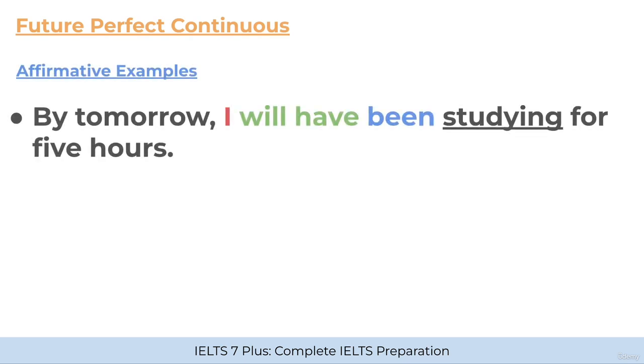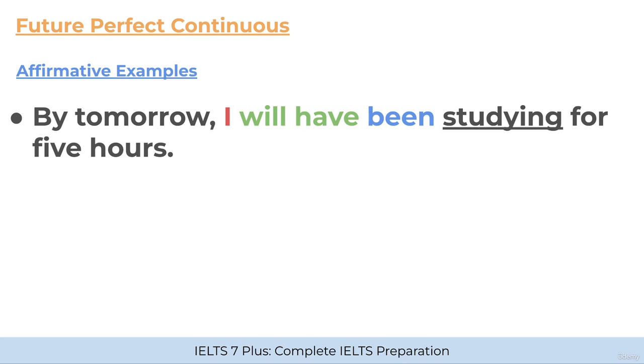Okay, so we have some affirmative examples for this tense. By tomorrow, I will have been studying for 5 hours. So we've got a timestamp, we've got a timeline, tomorrow, but then the focus shifts to this ongoing action of 5 hours of studying.